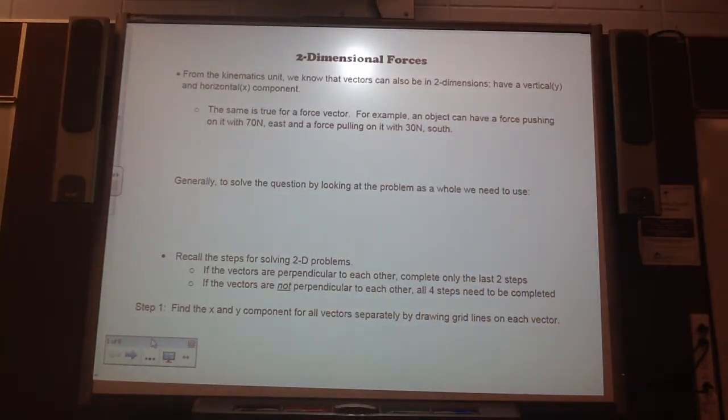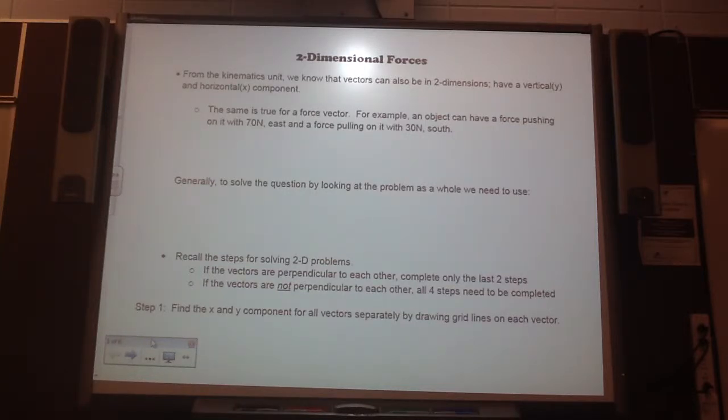All right. So this part of our dynamics unit is very similar to a part in kinematics, where we needed to make a new diagram based on x and y coordinates and make an overall net velocity.